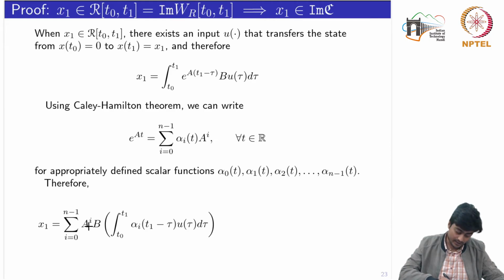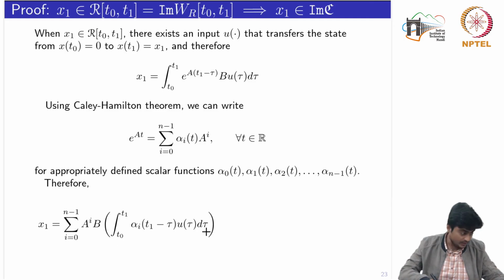So I brought A to the power i to the front, then the B matrix coming from here, and this whole part which includes u and these alpha i's. So I directly replace this exponential term by this term, introducing some scalar functions alpha naught to alpha n minus 1.